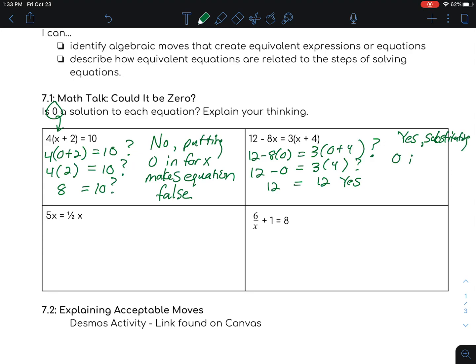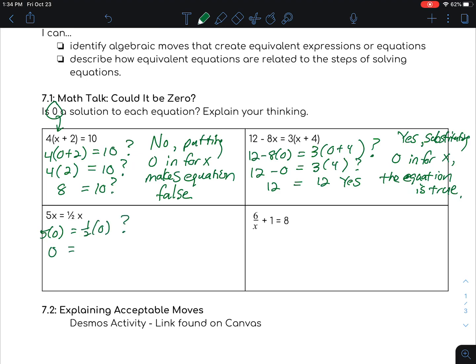Substituting 0 in for x, the equation is true. 12 does equal 12. All right, let's put it in for x in the third one down the bottom left here. So that would be, is 5 times 0 equal to 1/2 times 0?